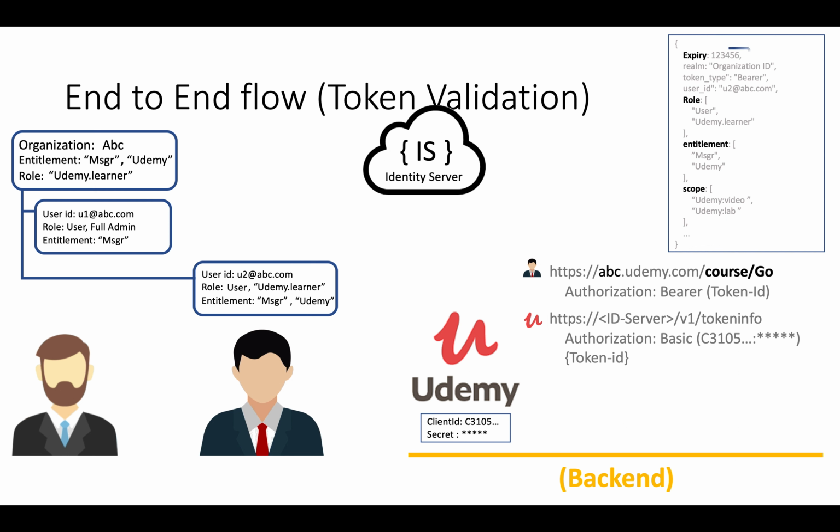Service checked expiry of the token. Then check valid role. Then check valid entitlement. Then check valid scopes.